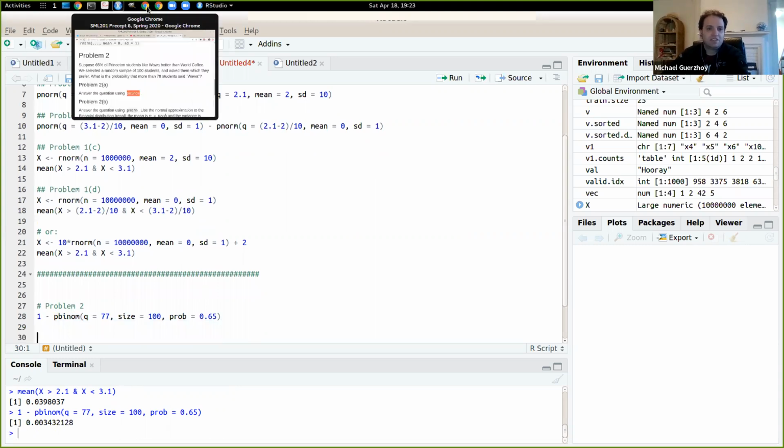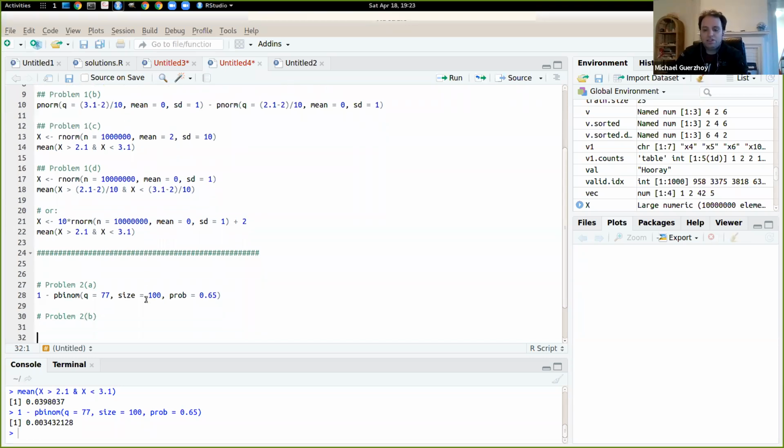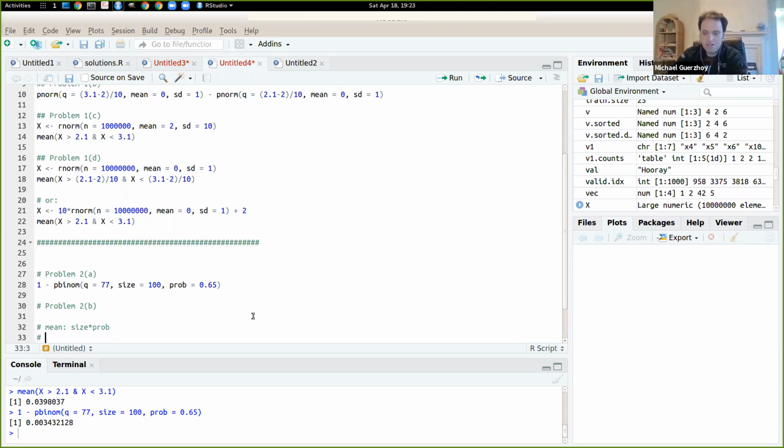So next we're asked to do the same. So this was 2A. So next we are asked to do the same thing, but with the normal distribution. So what we know is that we can approximate the binomial distribution using the normal distribution when we're using mean as n times, well, so here it would be size times prob in our terminology. In math, we write n times theta. And variance is prob times 1 minus prob times size.